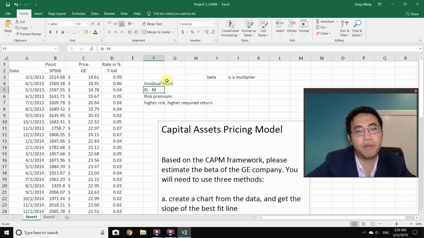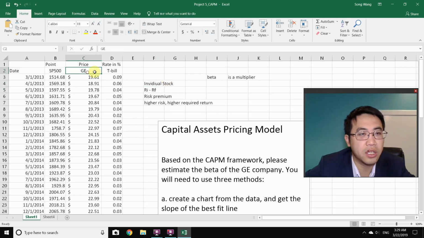And in this exercise, the stock you are analyzing is GE. GE is General Electric, a very old firm in the United States which produces electronic devices and appliances like refrigerators, microwaves, and stuff.